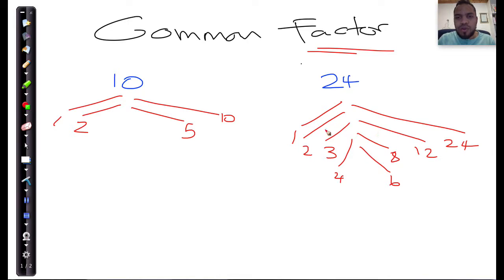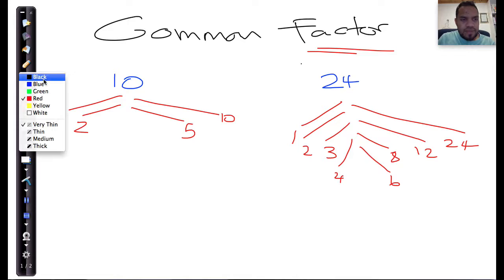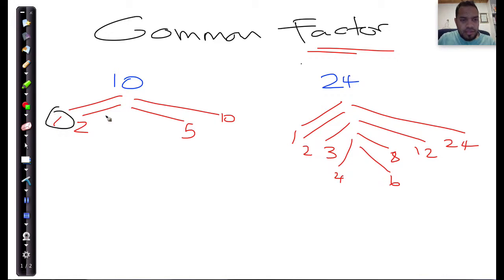And so those are all the factors of 24. Now the question is, do you see any factors that are common? Well, 1 is common, and so is 2, because 2 appears in both sets of factors, and so does 1.